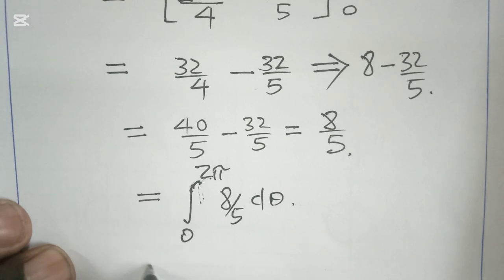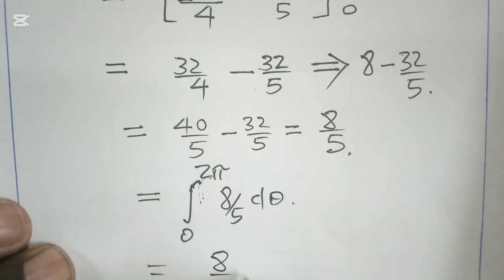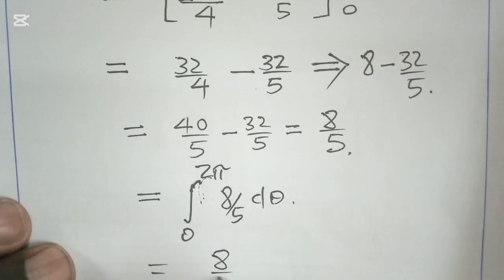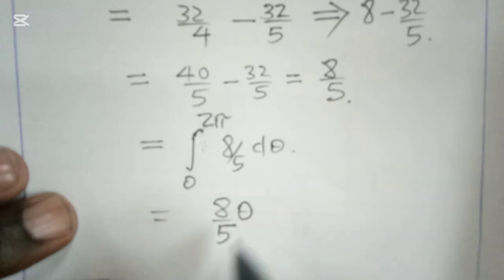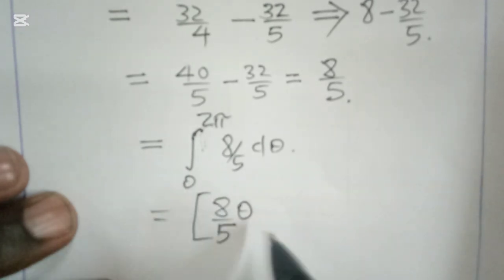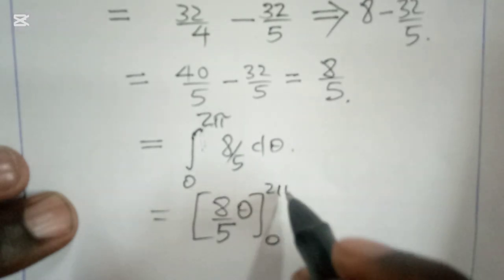So this is going to be 8 over 5 theta, like that, from 0 to 2 pi.